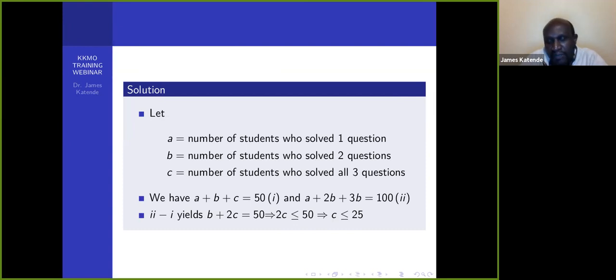This is a slightly different solution from what Jeremy proposed, but it still gives the same answer. So any comments or questions on this?